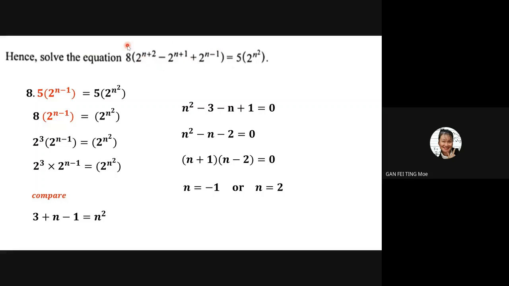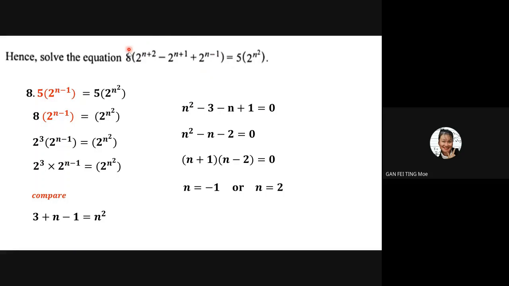What is the value here? 5 over 2. You sub into you get 5 over 2. You sub your negative 1 into here. 10. Yes, you get 10.